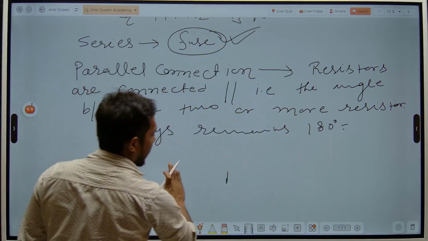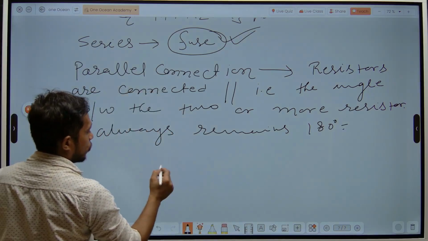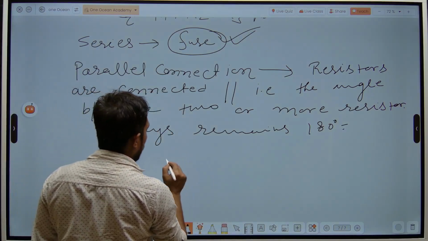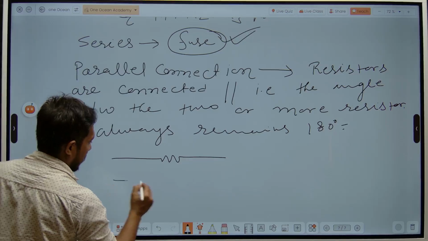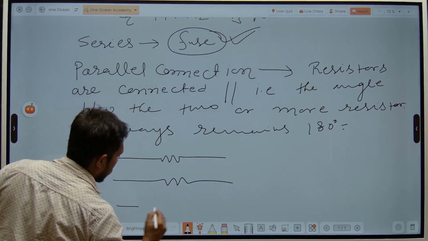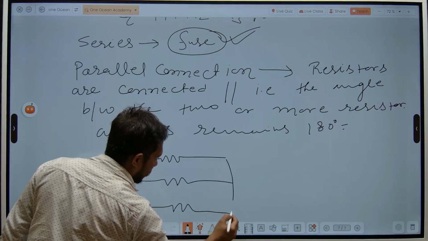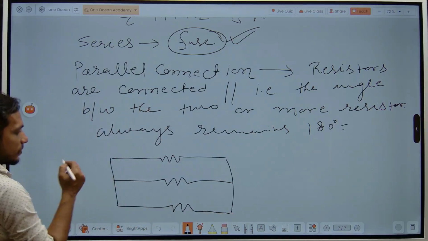Okay. So, let us say what type of connection is called the parallel connection. Let us say this is a resistor, this is a resistor, this is a resistor. If all the resistors are connected in this way, this is called the what? Parallel resistor.